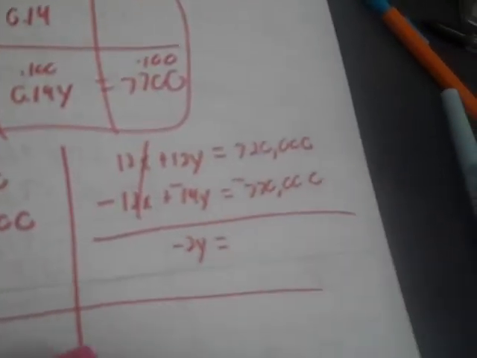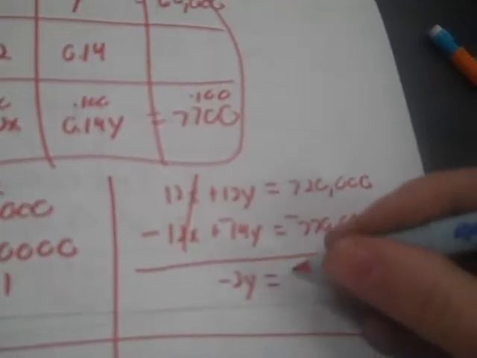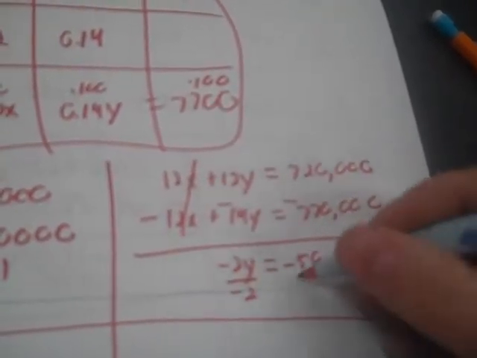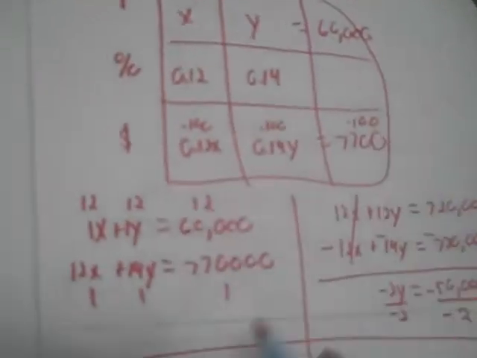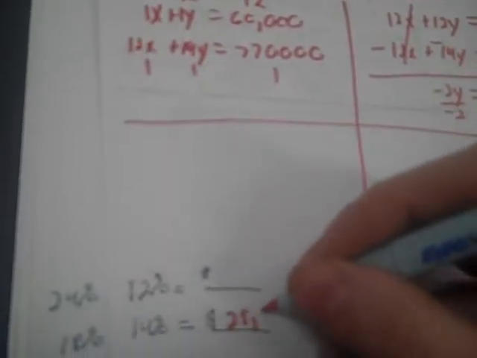Then I add those together. Negative 50,000. Then I divide by my negative 2, that's 25,000. So that's your Y. So $25,000 are at 14%.